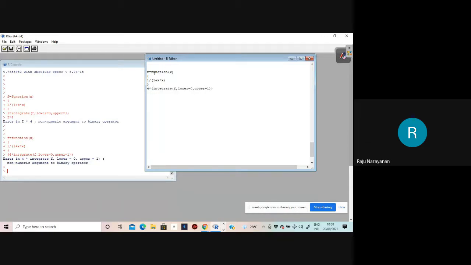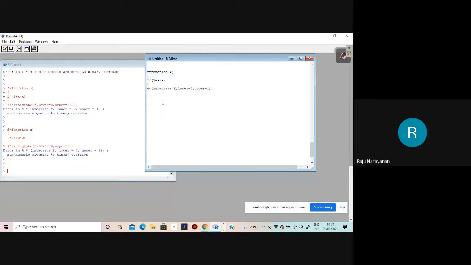Let us try this one. He is not happy with that. Argument to binary operator. Okay, no problem. If he is not happy, let us not try to make him happy. Okay, now 0.7853982 with the error you see 8.7 into 10 raised to minus 5. Okay, therefore.